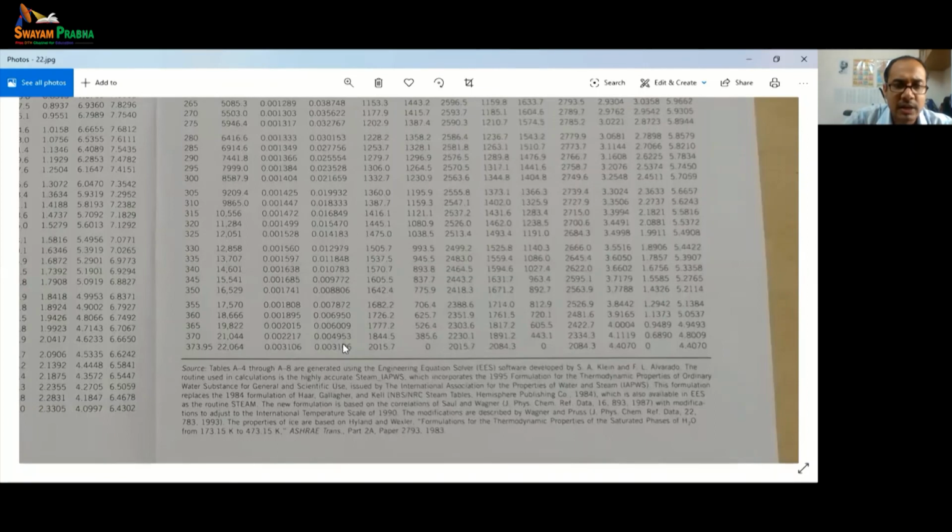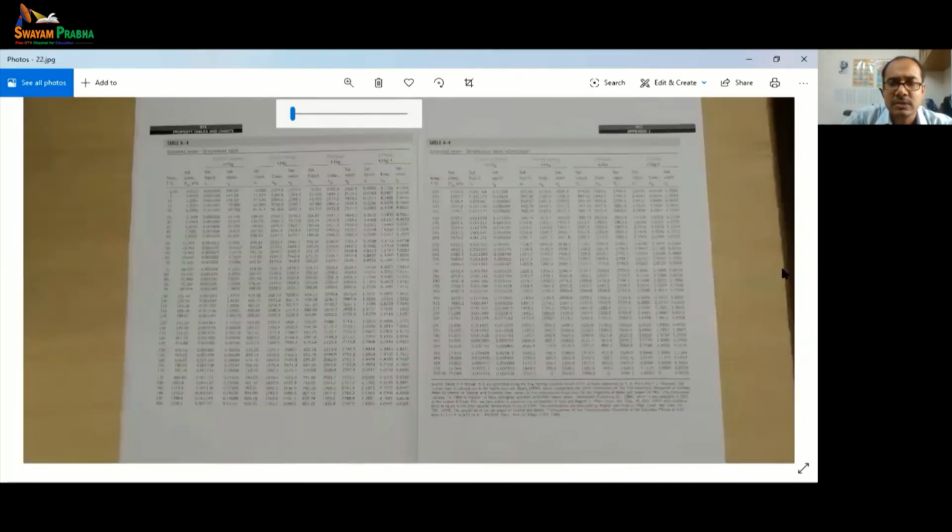Here, between these two values, we can even interpolate and get a closer number between 370 and 373 degrees centigrade, or we can be satisfied with this close value itself.